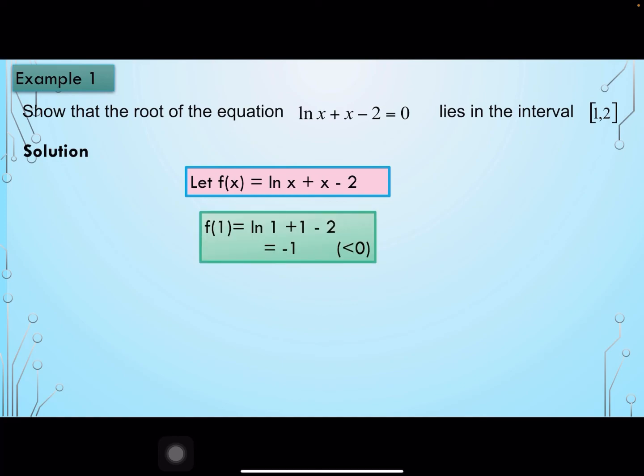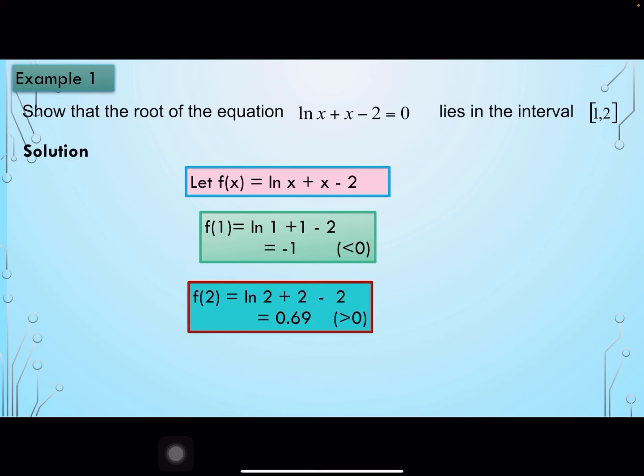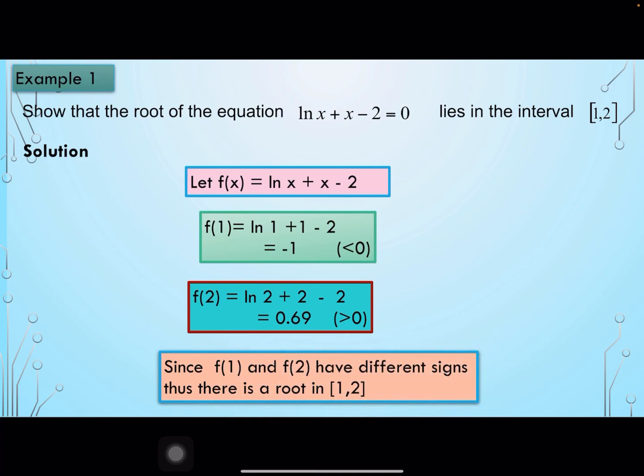Then we input these two values into the function. f(1) equals ln 1 plus 1 minus 2 equals minus 1. This is negative. And then f(2) equals ln 2 plus 2 minus 2 equals 0.69, which is positive. Since f(1) and f(2) have different signs, there is a root in the interval 1, 2.